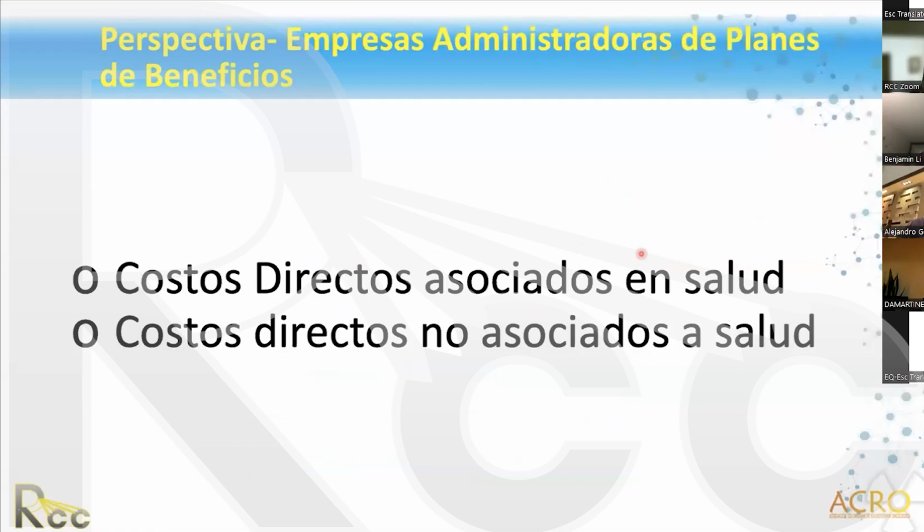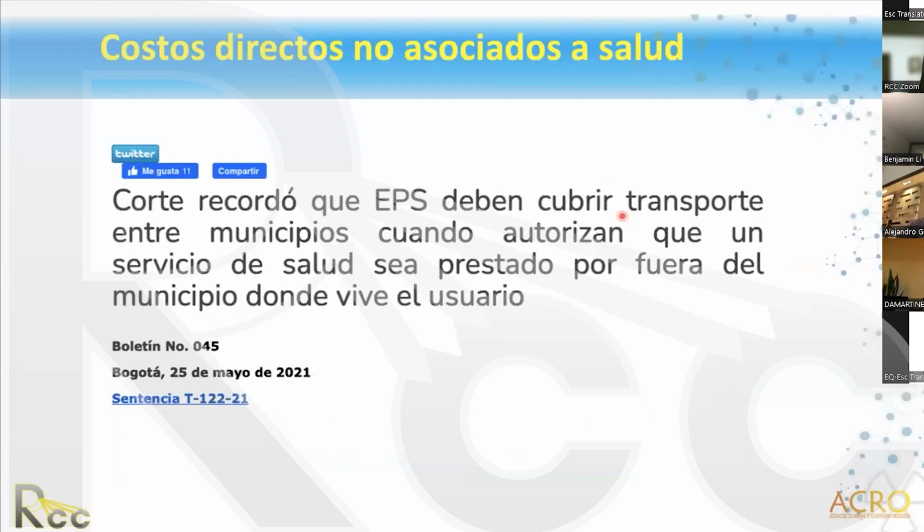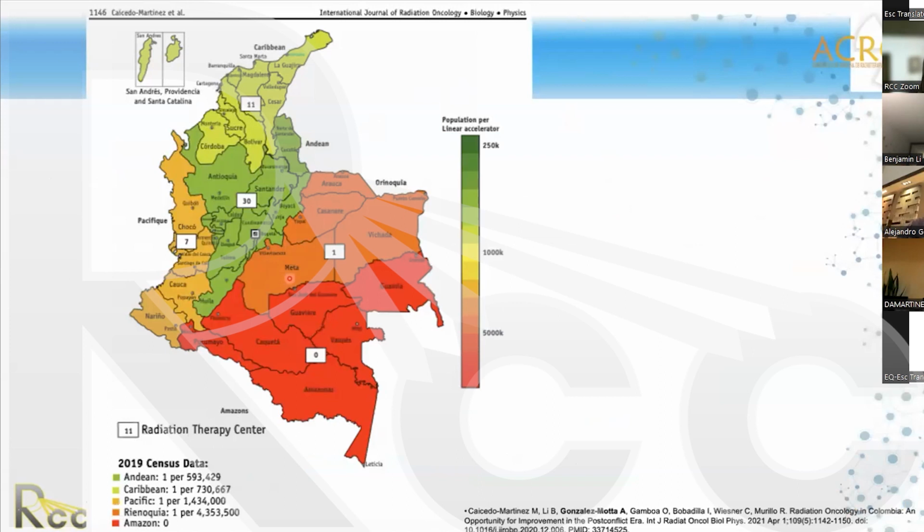So insurance should consider that it has a direct cost associated to health, which is the treatment per se, but also costs not associated to health. In this case, those insurance companies must pay transportation to go to treatment.